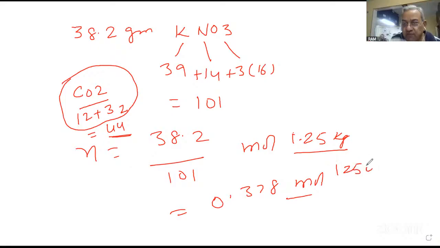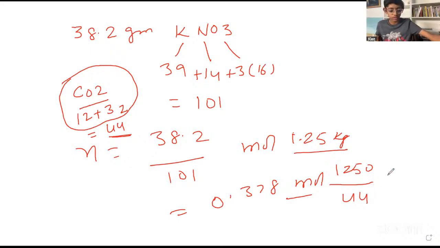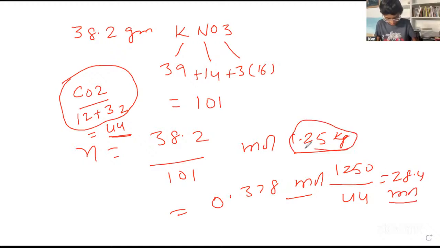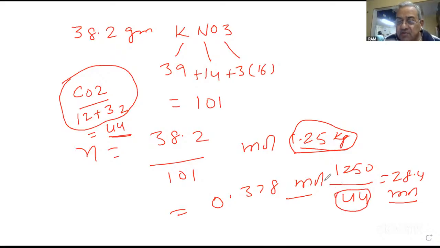So 1250 upon 44. That will become 28.4 moles. Right? So here it is in kg. We have to convert it into gram, and then we have to divide it by molar mass. Now you can come to D.